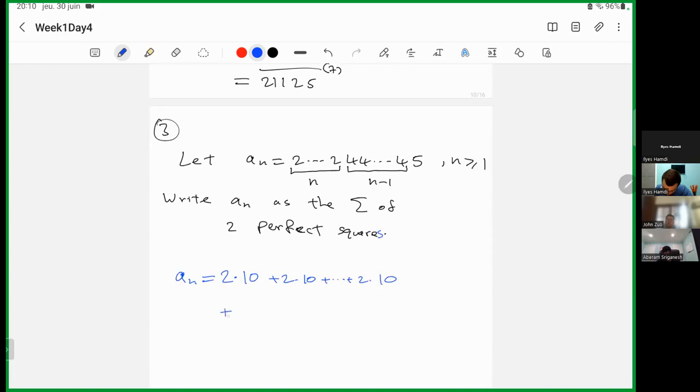Okay, and then I move to the 4s. And of course, I'm asking you guys, please give me the exponents. I'm just giving you the structure of the number, and then you give me the exponents. Then we end with a 5. This one will be 10 to the 1, 10 to the 2, etc. But what are the last two here, and what are the other exponents? So please help me, guys.